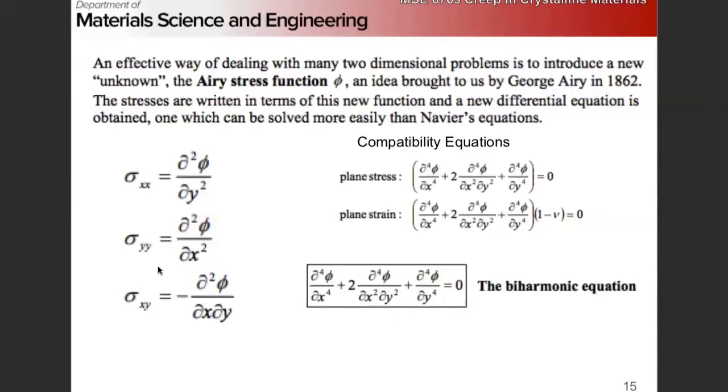And the way we set this up is any valid solution of this is also guaranteed to satisfy stress equilibrium. Right? So that's the benefit of it. We're guaranteed to get a solution that satisfies both compatibility and equilibrium. Of course, this is a partial differential equation, so this is not sufficient to find a solution. We also need to specify the boundary conditions.